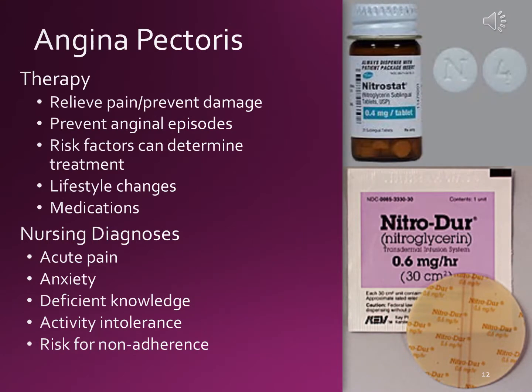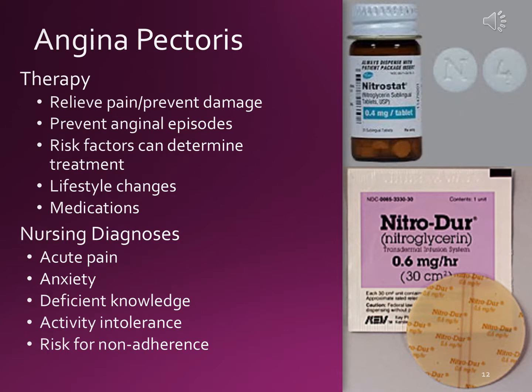Medical therapy includes relieving pain and preventing damage, preventing anginal episodes. Those are some goals. The risk factors can actually determine the treatment because if you have hyperlipidemia, of course, that's going to be part of the treatment. If you're a smoker, have diabetes, overweight, sedentary, that's going to determine the treatment.